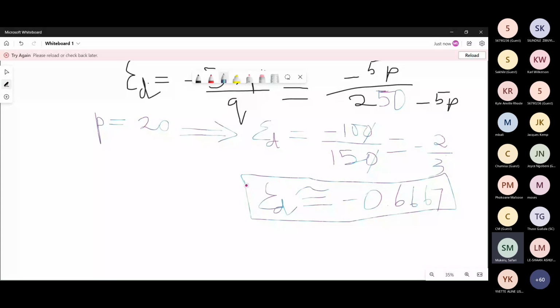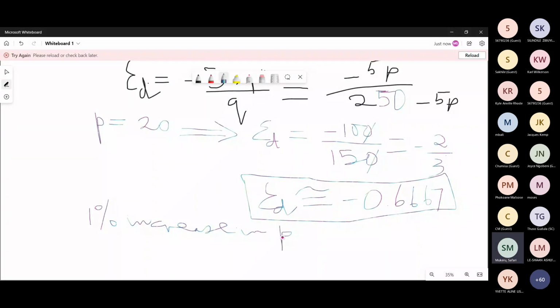The meaning is that when the price is 20 rand, 1% change in the price, I mean, if the price increases by 1%, we are at 20, and if we increase 1%, what's the 1% of 20? Okay, you can do that.